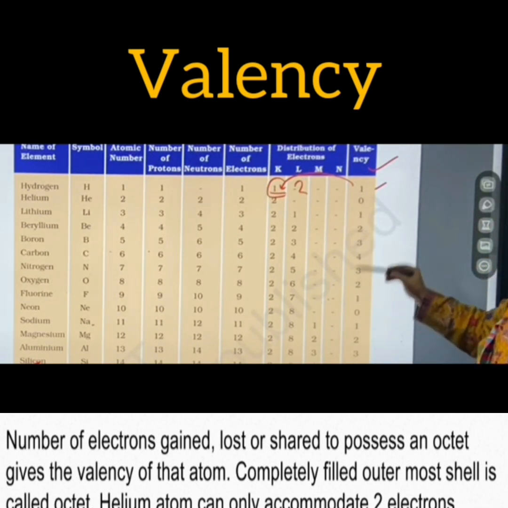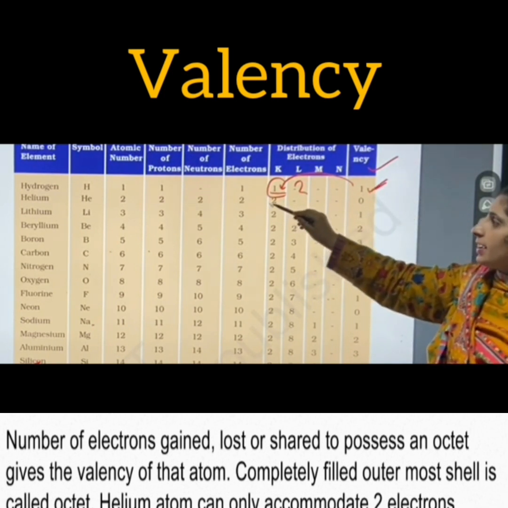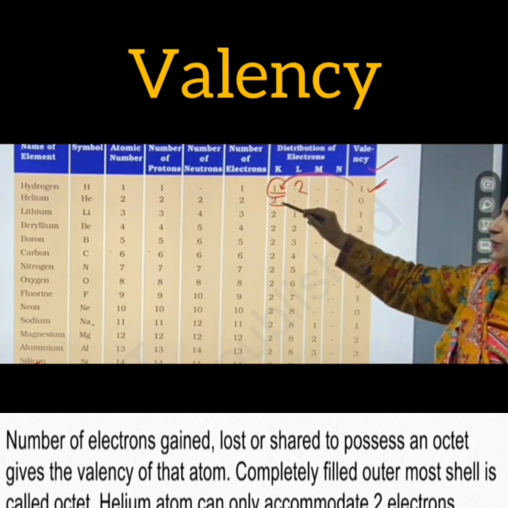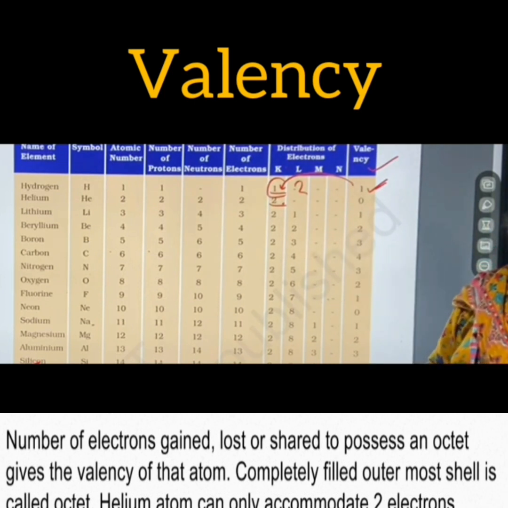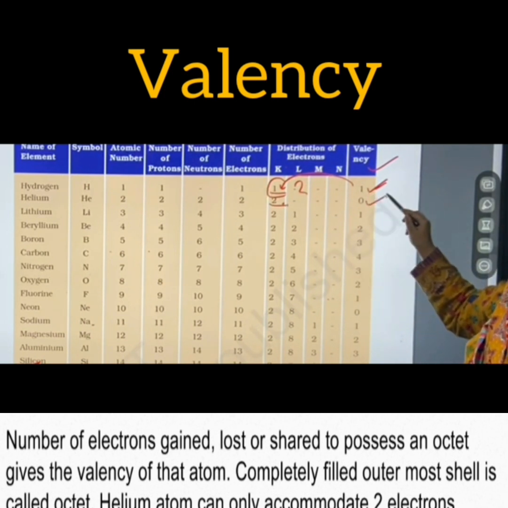So we can say that the valency of hydrogen is 1. But in the case of helium, it already has 2 electrons in the K shell, which is completely filled. So helium is not required to gain or lose any electron. So the valency is 0.